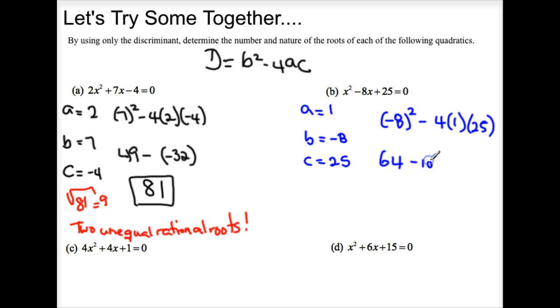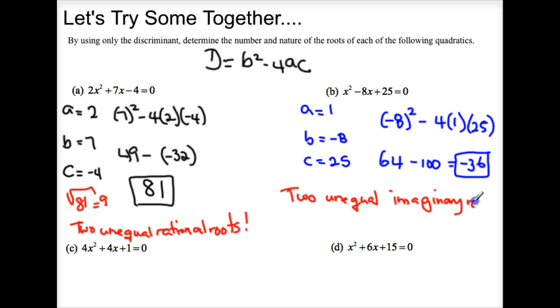Take away 100, which is negative 36. So this is the last case, case 4. When it is less than 0, it becomes 2 unequal imaginary roots, because it's a negative. That's it.